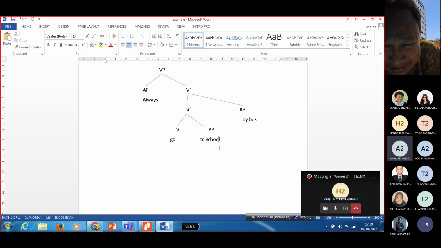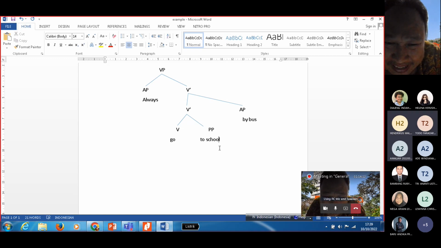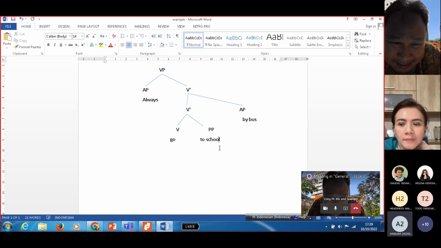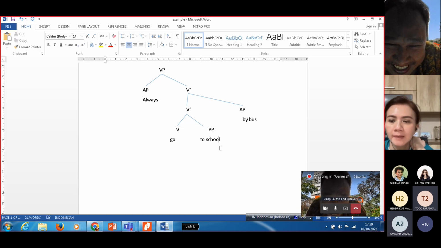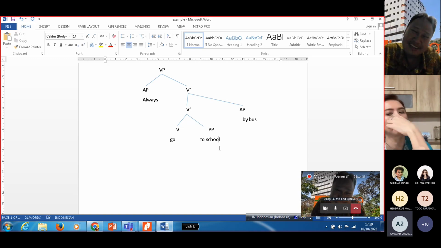This is why from now on, I would like you to use the X-bar. But for your exam, because we still use the phrase structure rules, I would like you to apply that. To solve a problem in binding theory and the problem in phrase structure rules.